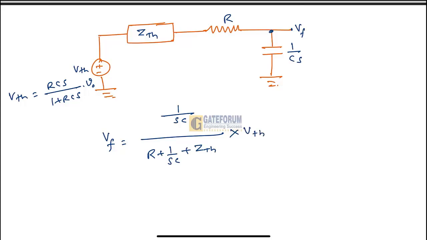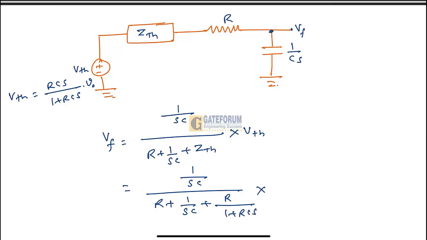So now we can substitute the values of VTH and ZTH in this equation. Then this will give 1 by SC divided by R plus 1 by SC plus ZTH, whose value we can substitute from earlier. So this will be R by 1 plus RCS into the VTH value, which is RCS divided by 1 plus RCS into V0.